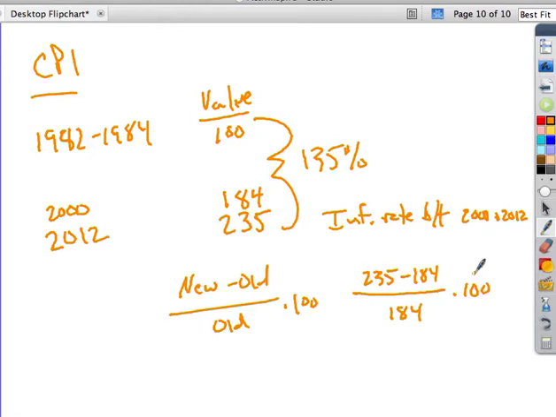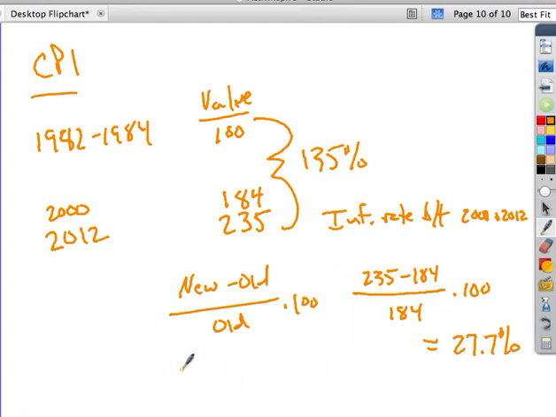Give me just a second. 235 minus 184 divided by 184 times 100. And so inflation has gone up 27.7%.